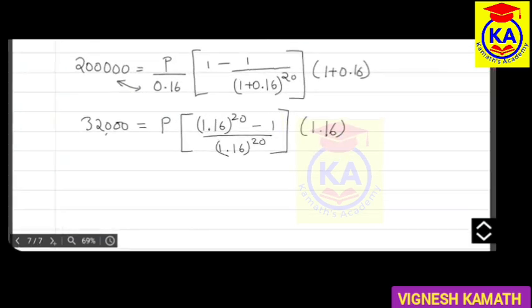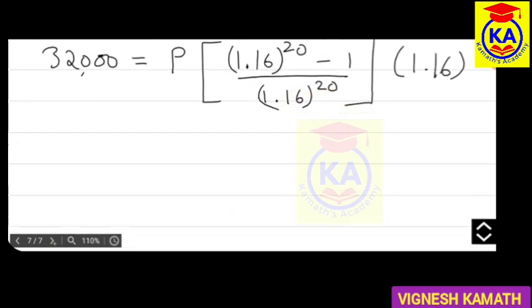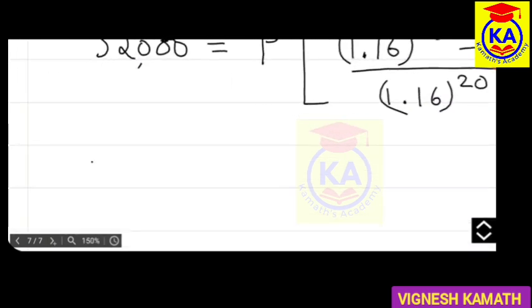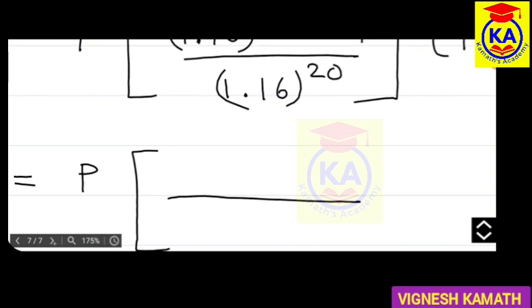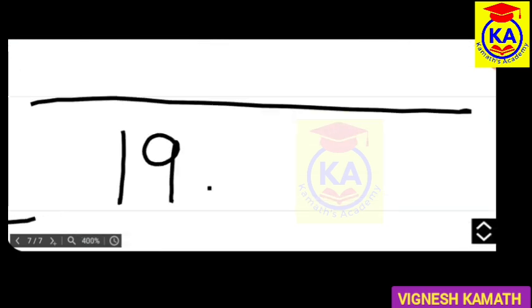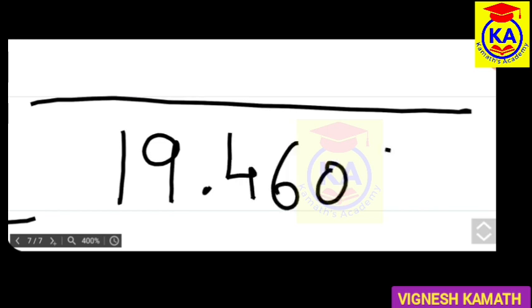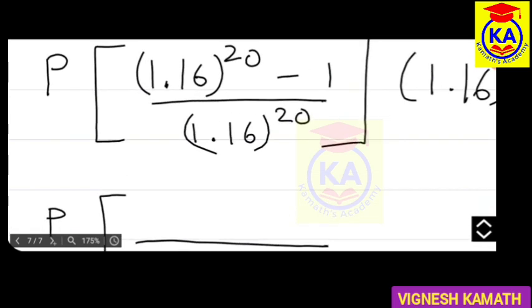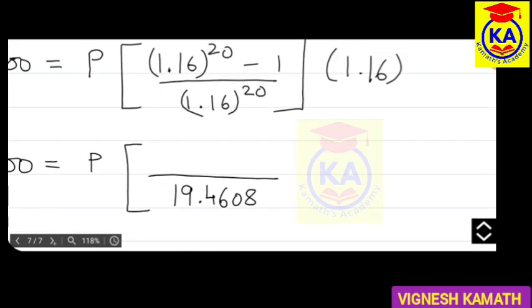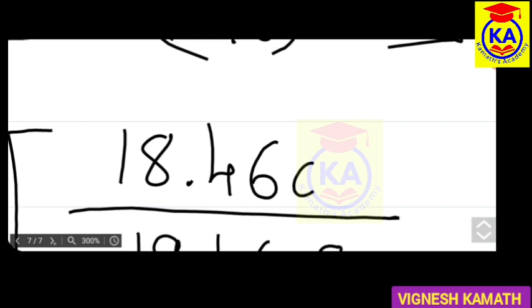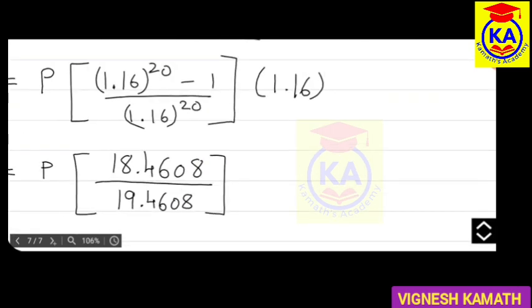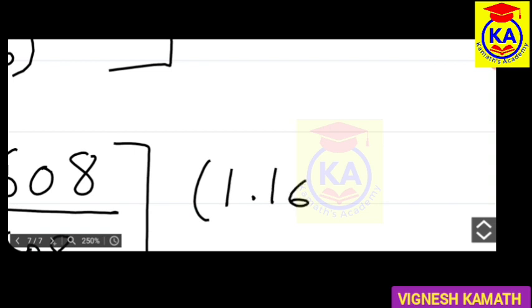I hope you are getting me. Now I have to solve this. 32,000 is equal to P bracket. Now I have to find the value of 1.16 to the power 20, that is 19.4608. Minus 1, you'll get 18.4608, into 1.16.